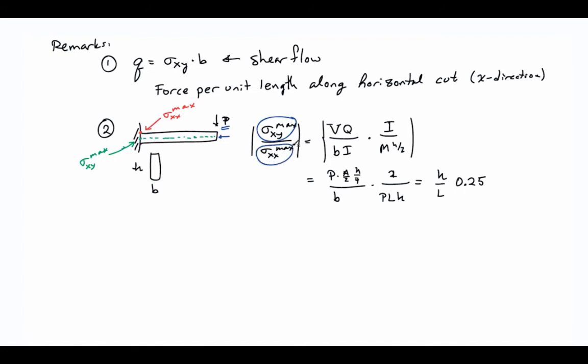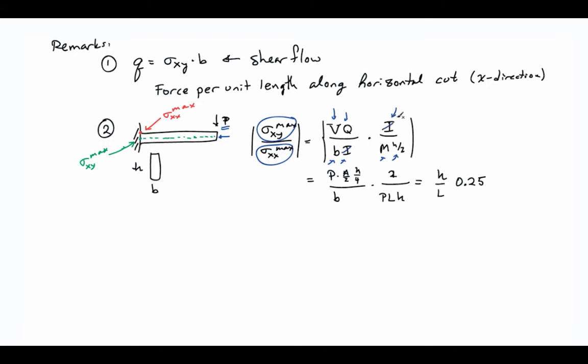So the maximum shear stress is going to be V Q evaluated for y equals 0, over b I, and the maximum bending stress is going to be M y over I. So we have the moment, the maximum value of y is h over 2, assuming a rectangular cross section, and we have I. So the I's cancel in this relationship.